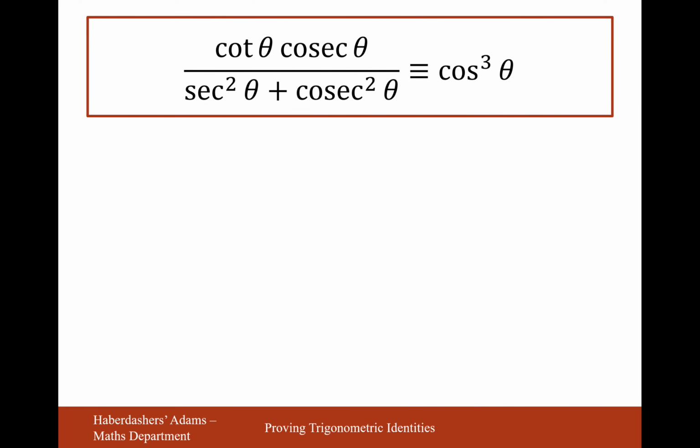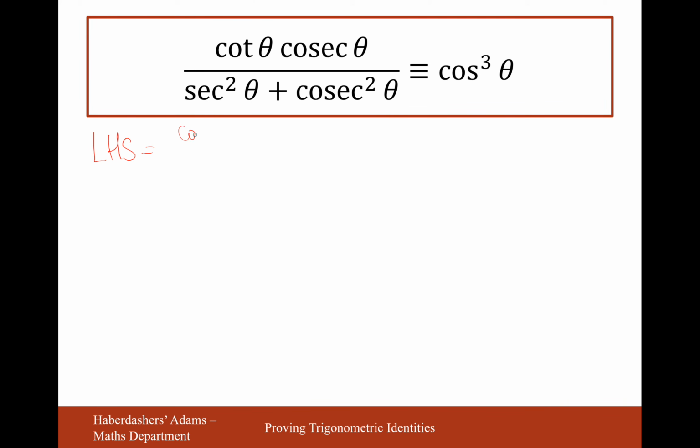Wow, right, this is really difficult then. So we've got cot theta cosec theta over sec squared theta plus cosec squared theta. Okay, so let's see what we've got here. So left hand side. What I'm going to do with this left hand side is I'm going to write it all in terms of sines and coses. So starting with cot theta.